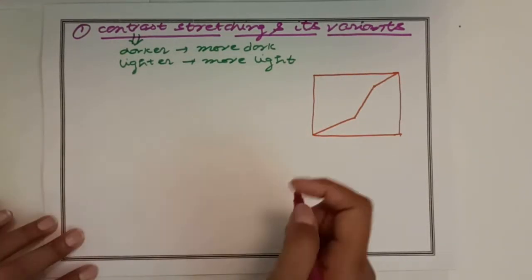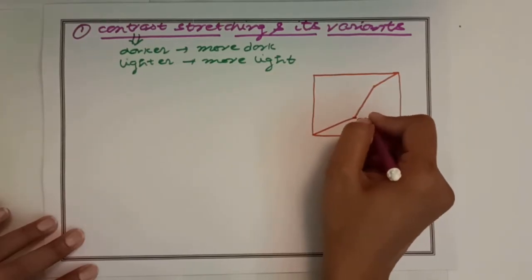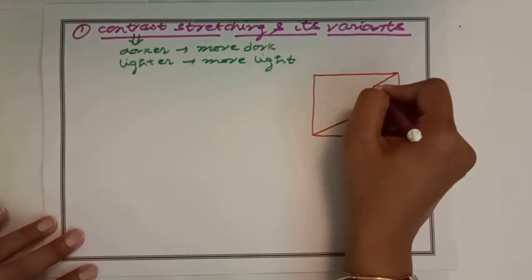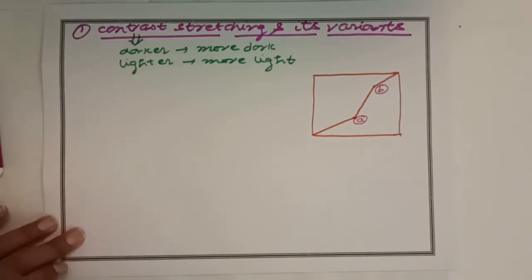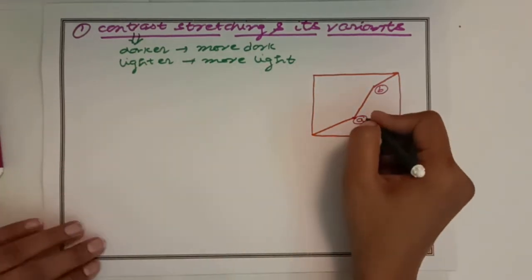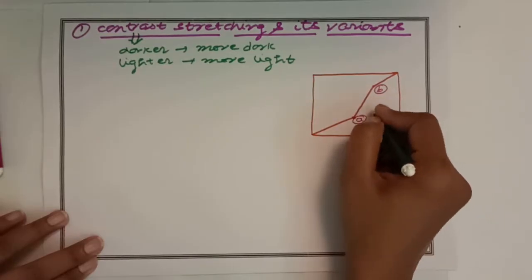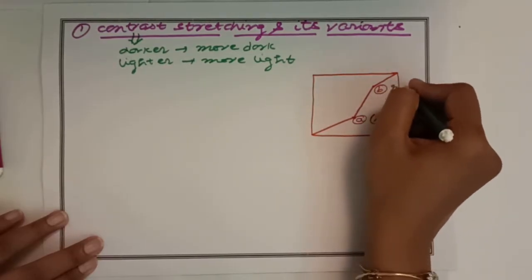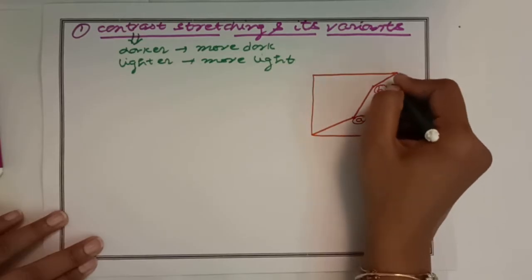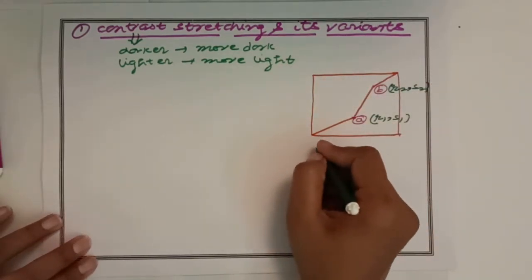We have taken these 2 points A and B. If the coordinate of A is (r1, s1) and the coordinate of B is (r2, s2).